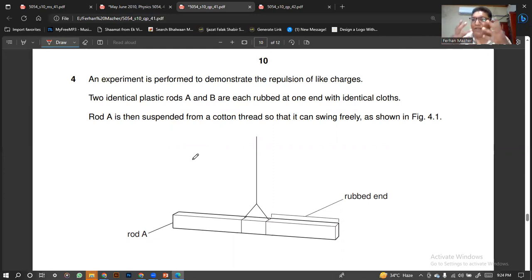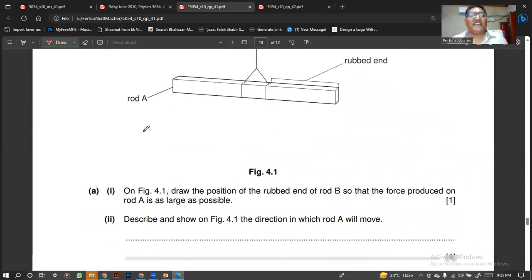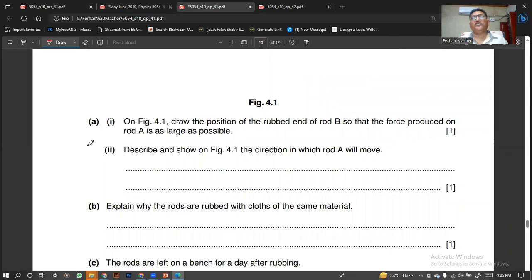So both the plastic rods, the ends which you have rubbed with the cloth, will get charged and both will have the same charge. Their question is: on the figure 4.1, draw the position of the rubbed end of the rod B so that the force produced on the rod A is as large as possible.